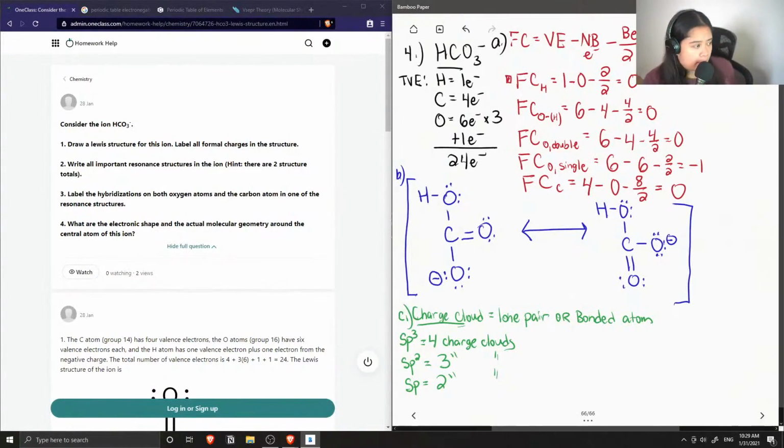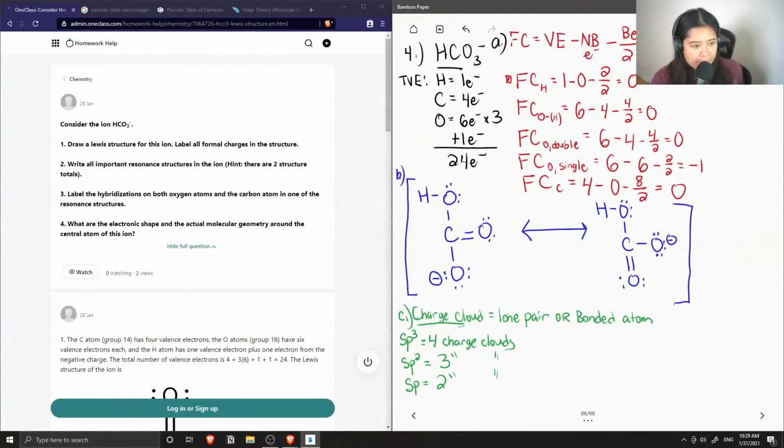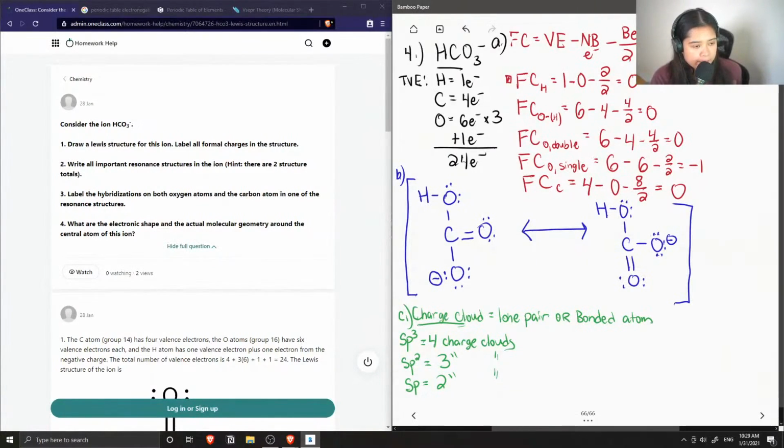So now we need to label the hybridizations of each of the atoms. So first let's look at the single bonded oxygen with the hydrogen. It has 2 bonded atoms and 2 lone pairs, so this makes 4 charge clouds in total. So this is sp3. And the carbon only has 3 bonded atoms. So the carbon is sp2 because it only has 3 charge clouds.